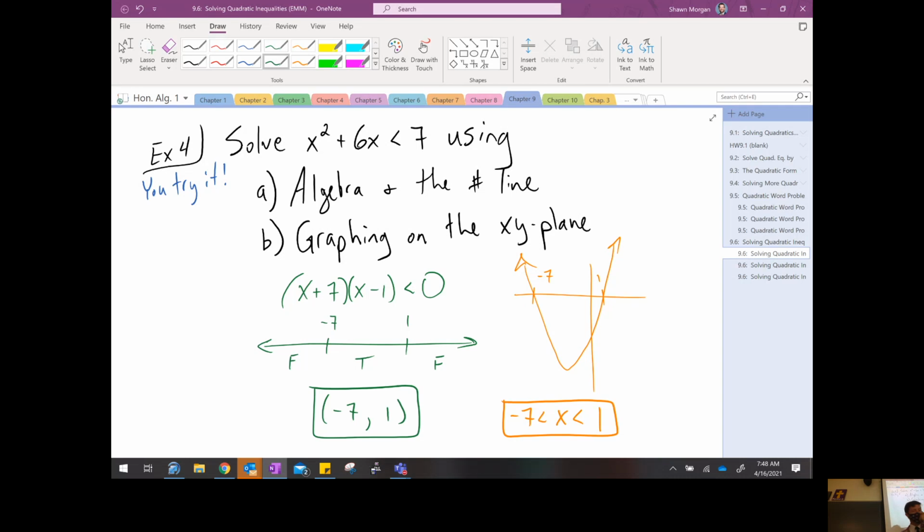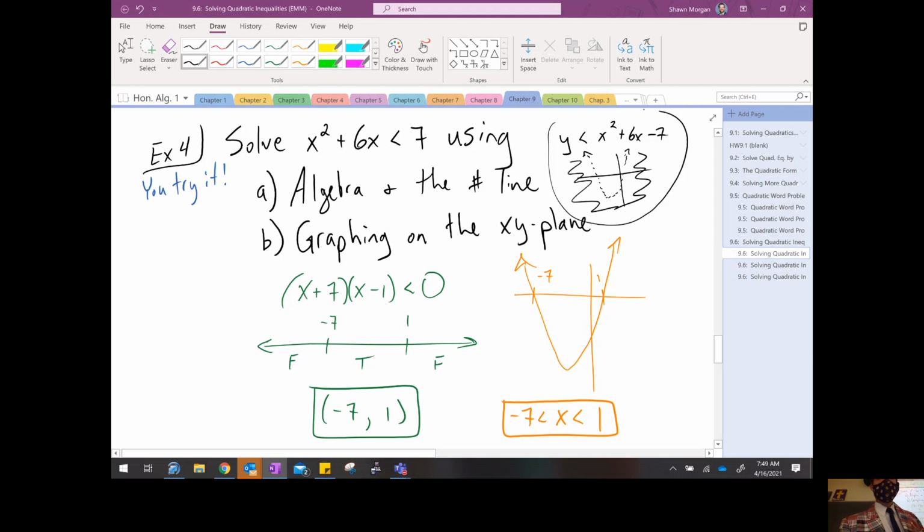What you're thinking of is in the context of, hey, what if we wanted to graph y is less than x squared plus 6x minus 7? In that case, that's where we would do the dotted graph, and we do the shading and all that jazz. But that's not what this question was asking.